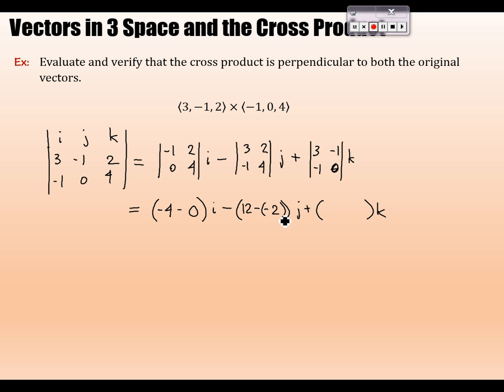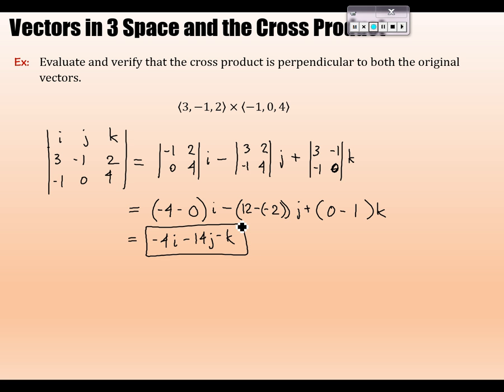Yes? And over here, 0 minus 1. -1 times 1 is -1 times -1 is 1, so -1. So what do we get? We get -4i minus 14j minus k is our cross product.